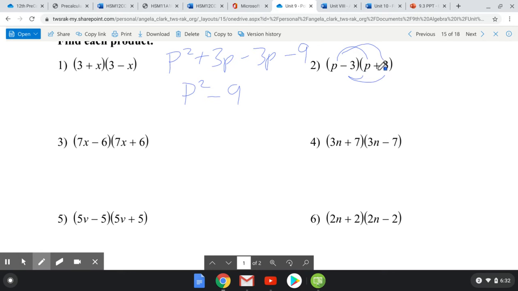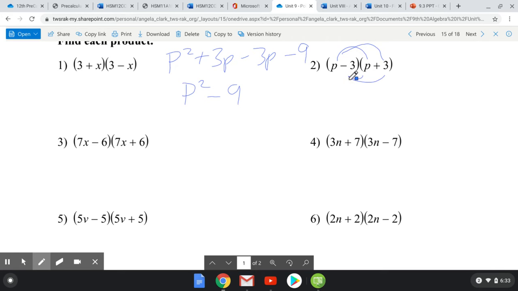The only difference is that one has a plus and one has a minus. If I have that, then I have a difference of squares. When I multiply this out, the middle terms are always going to cancel, and I'm going to end up with the first thing squared minus the second thing squared. So P squared minus 3 squared, which is 9.